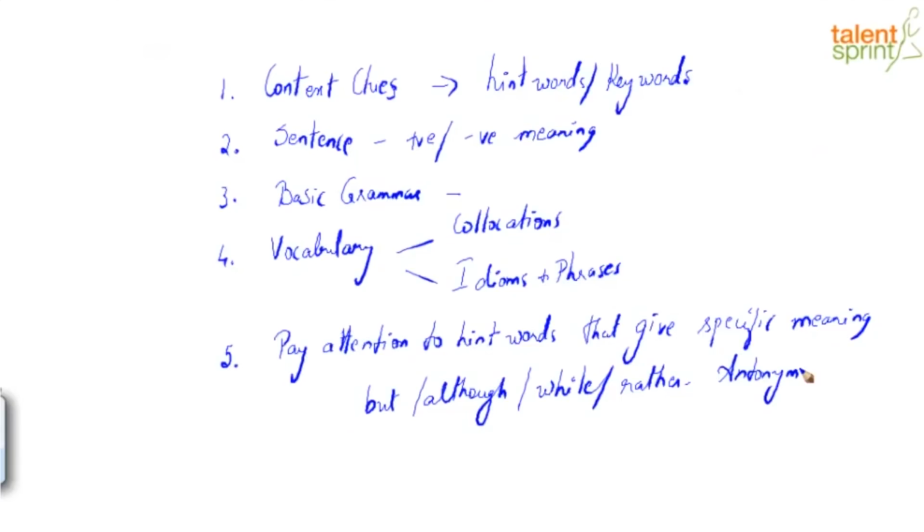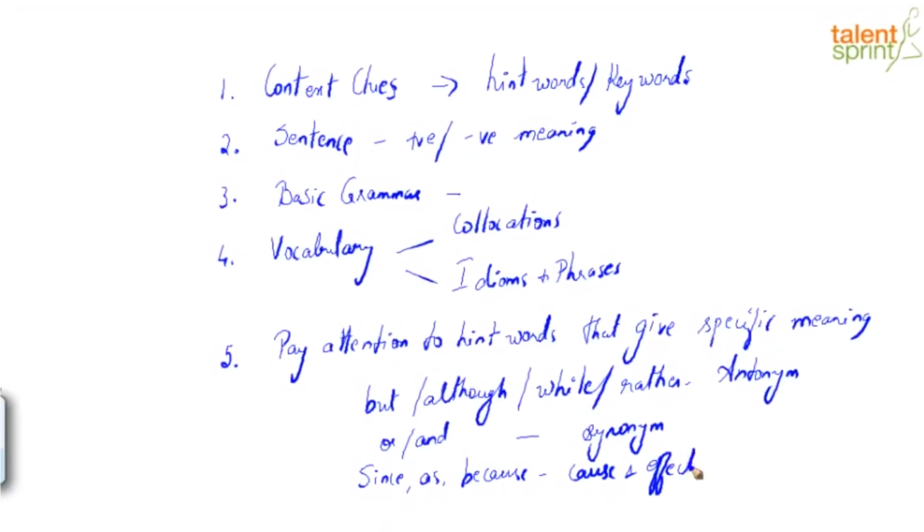If there are two blanks. Also, or, and, these all give synonym meanings. I need words with same meaning. Then you have cause and effect. Since, as, because, giving you the reason for something, right? Cause and effect. So, pay attention to hint words that give specific meaning. That will also help you identify the right answer choice.